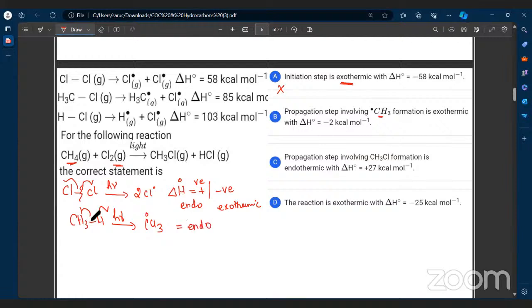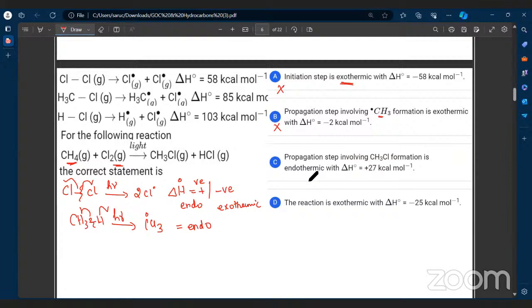To break the bond you need energy, so this is not exothermic. It is endothermic, with a delta H naught of 27 kilocalories per mole.